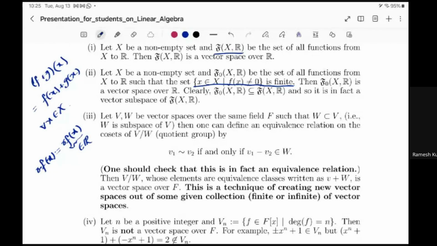So it's just the function, let's call it I, where I(x) is 0 for all x in X. Okay.